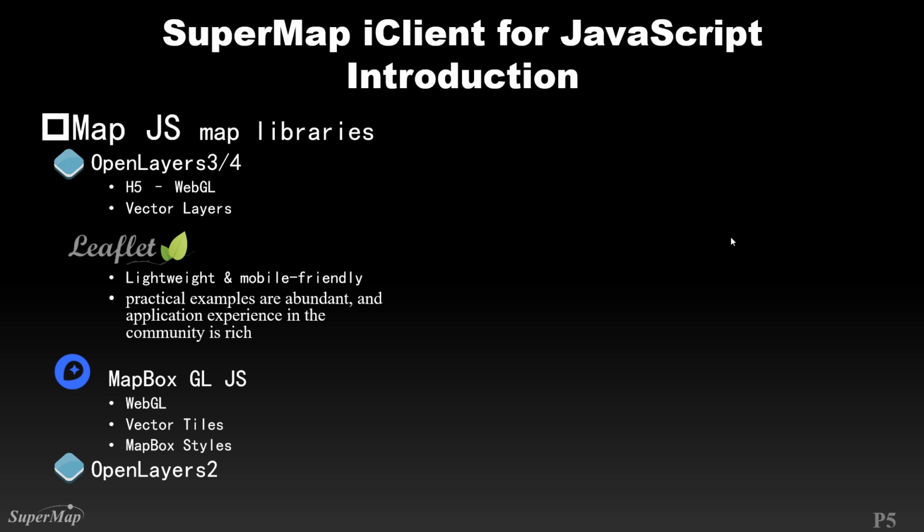Based on the Leaflet library, iClient for Leaflet is a lightweight and portable mobile development library. Online map services provided by Mapbox are vector tile map services, which are rendered on the client side for presentation, and map style setting is more convenient compared to the traditional map tile services.